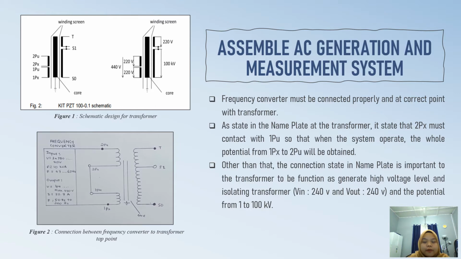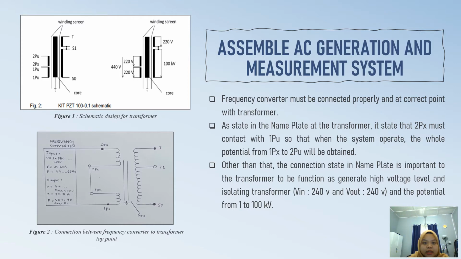So, the frequency converter must be connected properly and at the correct point with the transformer. As stated in the nameplate at the transformer, the 2PX must contact with the 1PU so that when the system operates, the whole potential from 1PX to 2PU will be obtained.